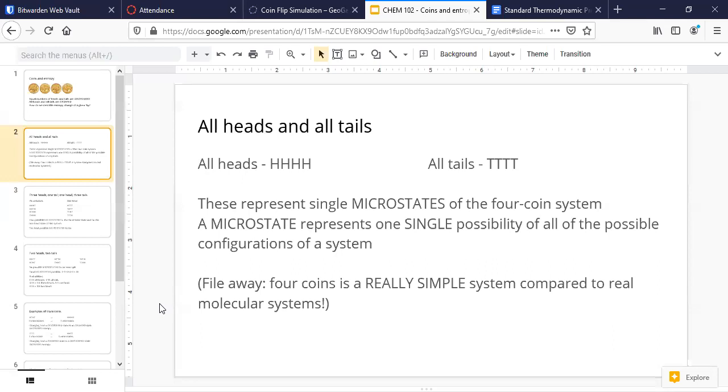A microstate represents one single possibility of all of the possible configurations of a system. So not only does HHHH represent the all head state, it corresponds to a single microstate. Not only does TTTT represent the all tail state, it represents a single microstate.